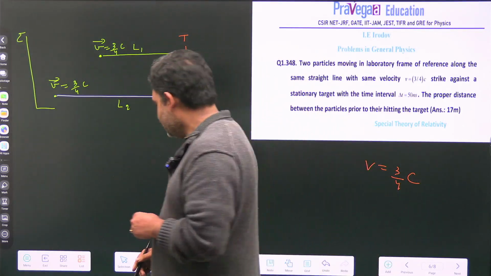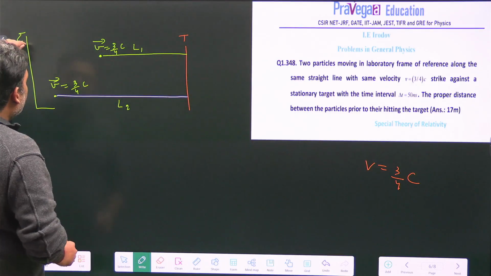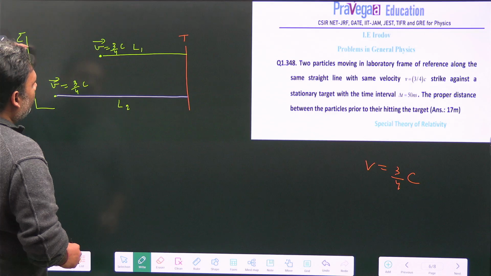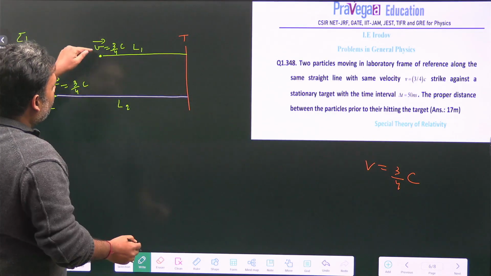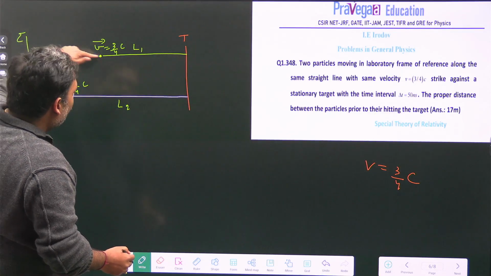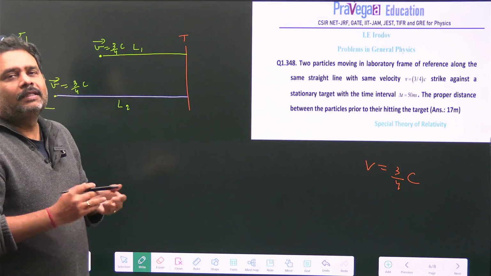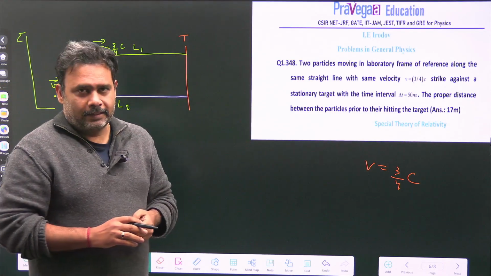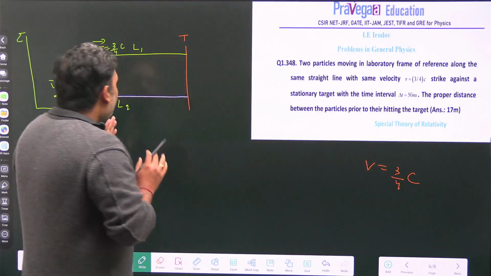What is the meaning of that? If you see with respect to this particular frame sigma, then this length is L1. But if you see this length with respect to this particular particle which is moving, then this length is going to contract. That is known as length contraction. And what is the proper length?